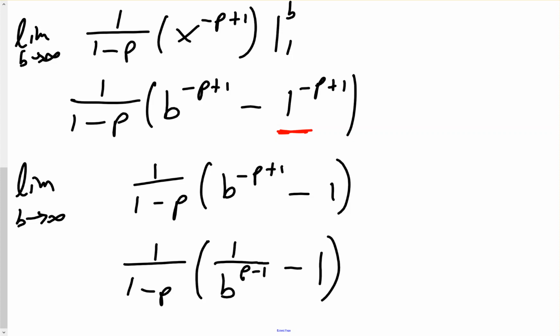So now as b is going to infinity, limit as b is going to infinity, right, so we're plugging in for there.